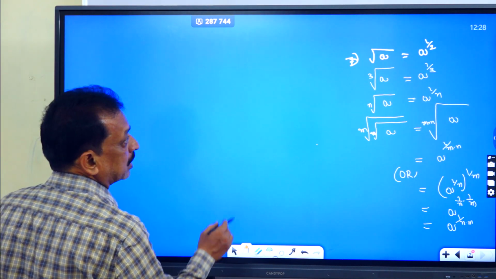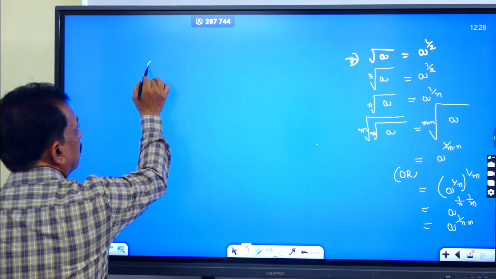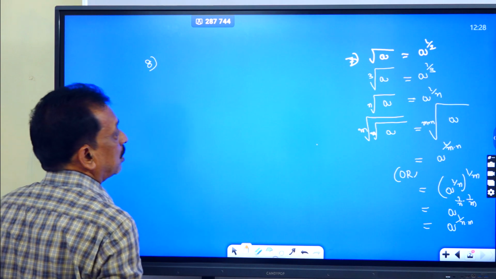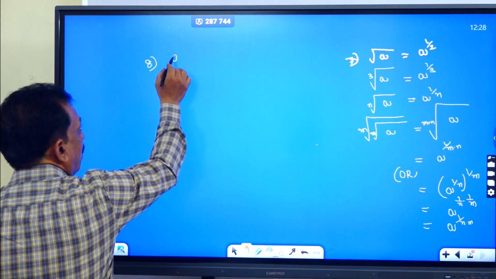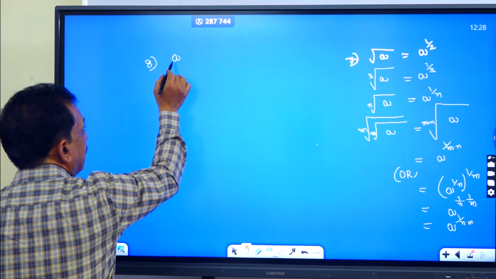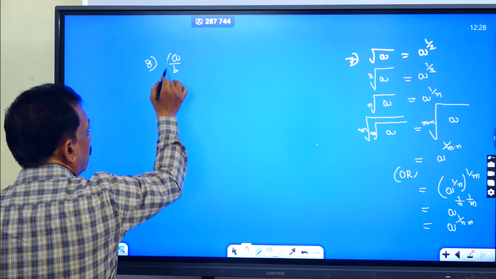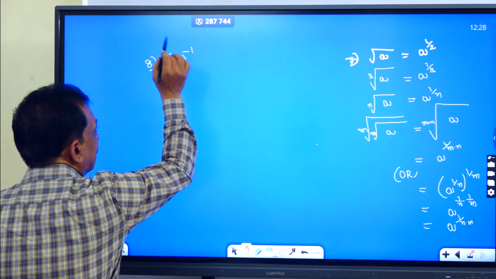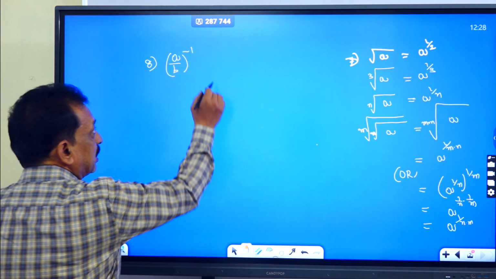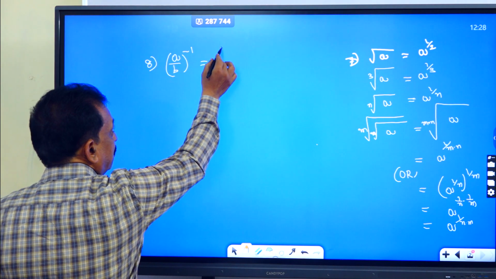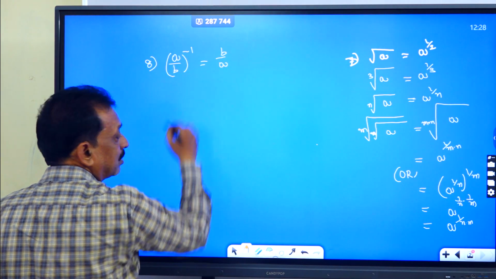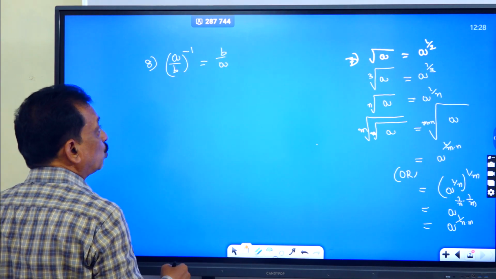Now go to the next concept. Suppose a by b whole to the power of minus 1 is there. That is nothing but, I can write directly b by a. How, sir?